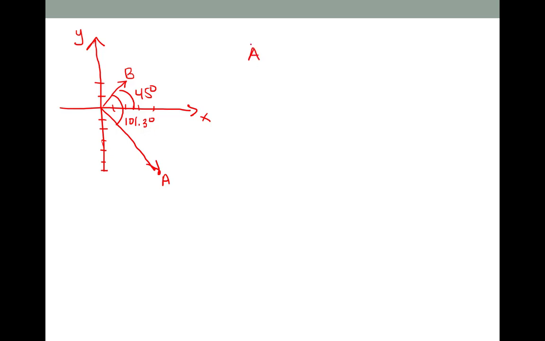So in order to find that, I'm going to take A dot i-hat, because i-hat is a unit vector, length 1, parallel to the i-axis, the x-axis. That will be the magnitude of A times the magnitude of i times the cosine between A and i, or A and the x-axis. Okay.